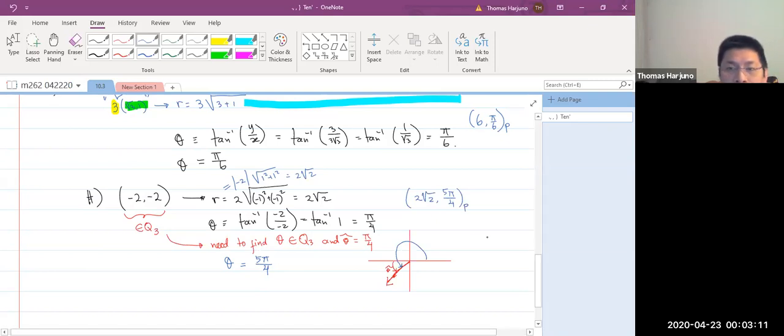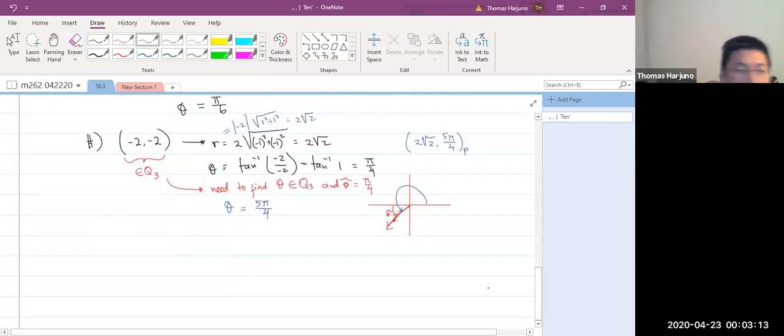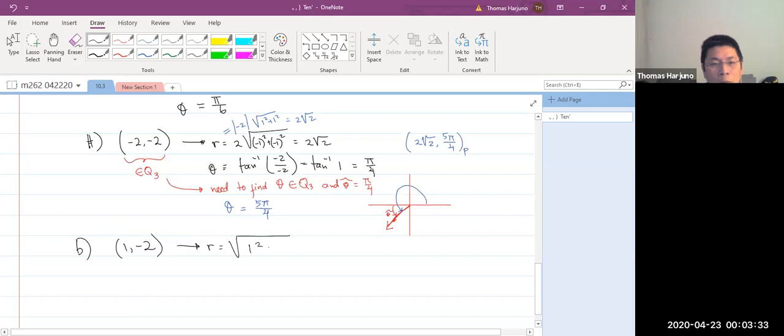Now that's the variation. Let's see number 6b. Part B, the coordinate is 1 comma -2. Then the radius will be, no common factor to go on, 1 plus -2 squared, which is 5.